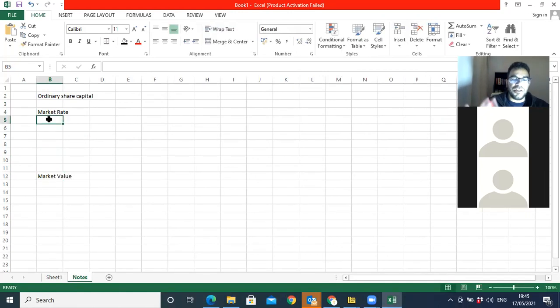Now the market rate, there are three methods. We have CAPM, we have dividend growth, and we have bond yield plus risk premium.